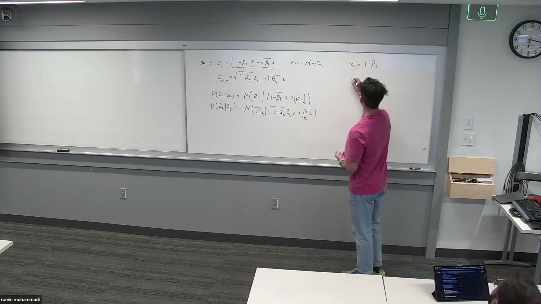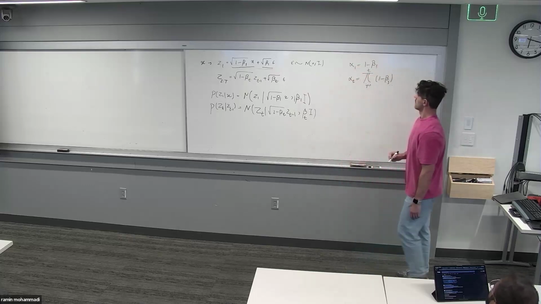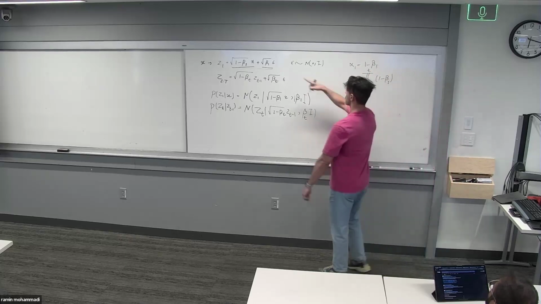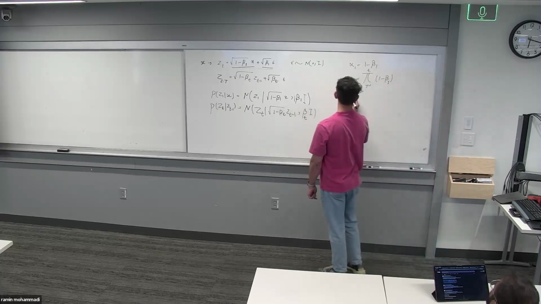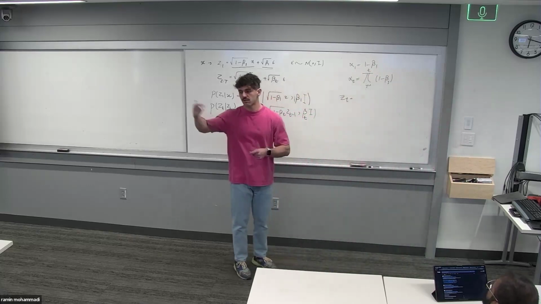Then you can define something called alpha bar t, which becomes the multiplication of alpha j from j equals 1 to t. Using that, the kernel trick means you can calculate any z at any point directly using only x. You don't need to know previous z values.